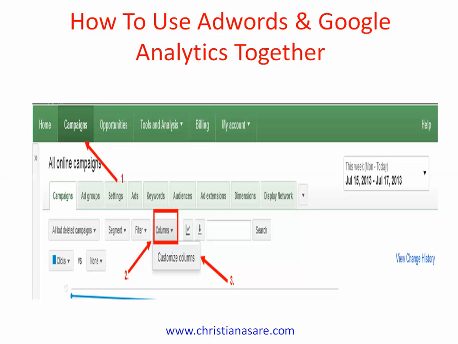So in order to import this data, what you now need to do is go to your AdWords account, select campaigns first. Then once you've selected campaigns, you'll see the columns. You can also do this for ad groups, ads, and keywords, as I said, and then customize columns.